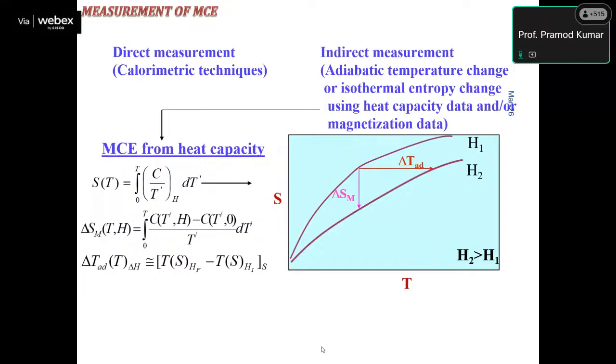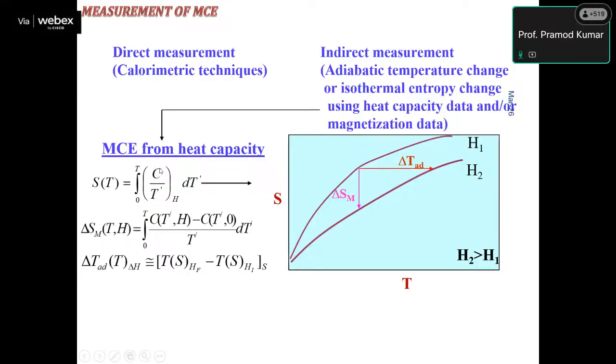Second, indirect measurement. Direct measurement is basically known as the calorimetric technique. And indirect measurement you can do using existing techniques, through the PPMS or VSM or SQUID. If we have a SQUID or PPMS, we can easily measure the heat capacity.